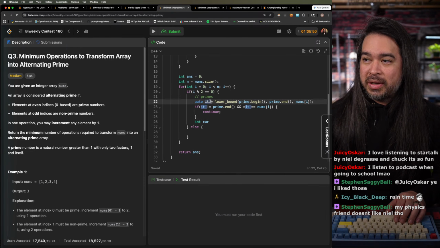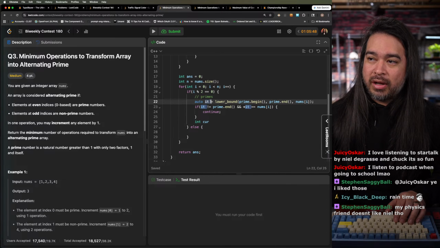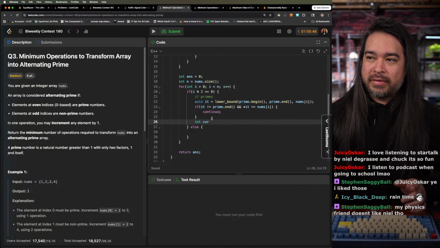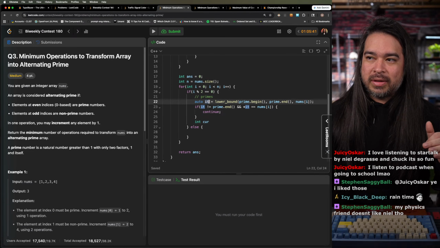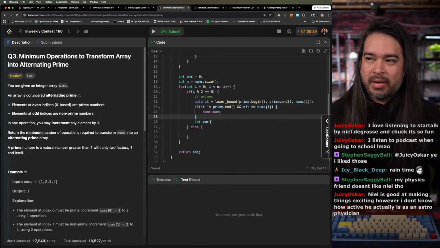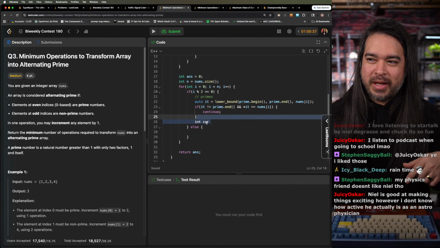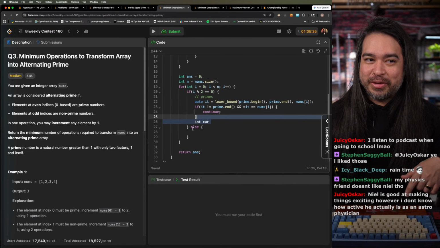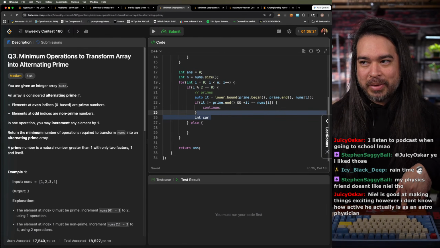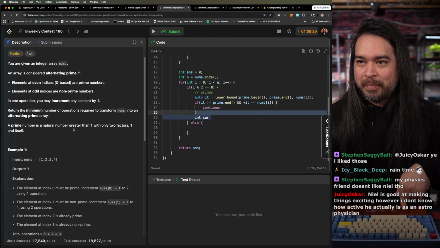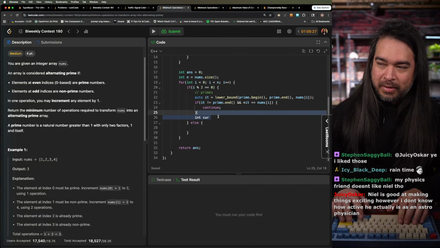So this number here, if it's not the prime, it should already be above it. So the one above is that, and then the one below would be the iterator before that. There's probably some nice clean way to do this, but I don't know how to do that clean code, man. So I'm about to do some real primitive if else.